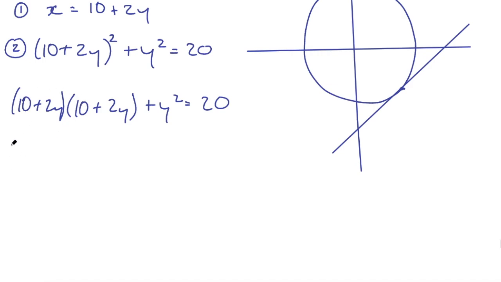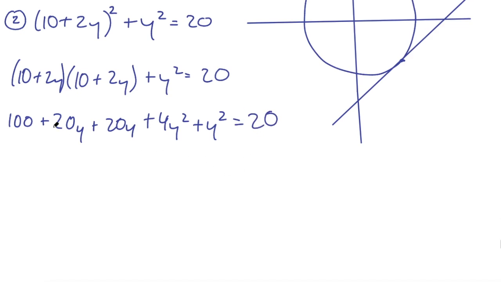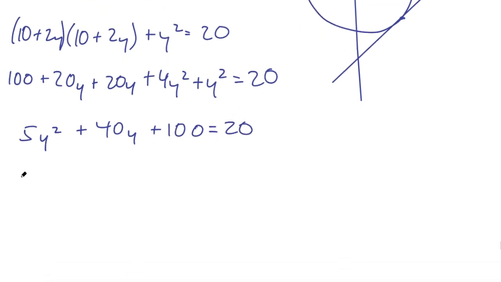So firsts, outers, inners, lasts, plus y squared equals 20. And then simplify all of this. So I've got 5y squared plus 40y plus 100 equals 20. And then subtract that 20 from that side. So I've got 5y squared plus 40y plus 80 equals 0.